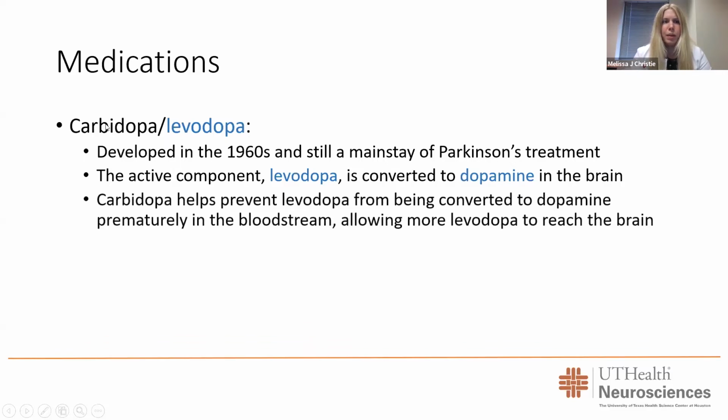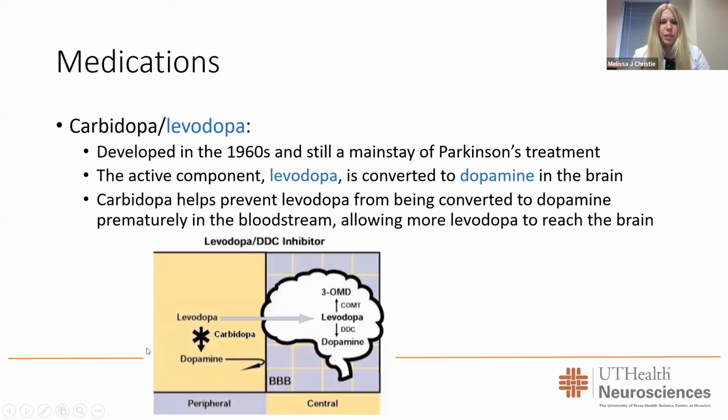And then this carbidopa part of the medication: dopamine also has other effects. If some levodopa gets converted to dopamine earlier in the digestive process, it could lead to side effects like low blood pressure and nausea. So this carbidopa part tries to help prevent levodopa from turning into dopamine where you don't want it. So it's trying to get as much of this active part to the brain as possible.